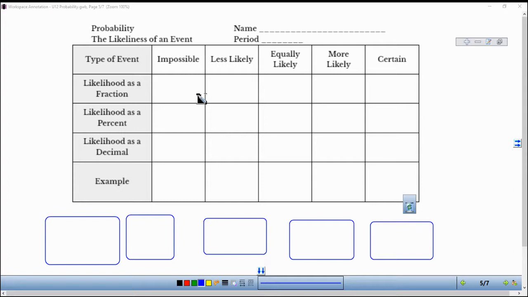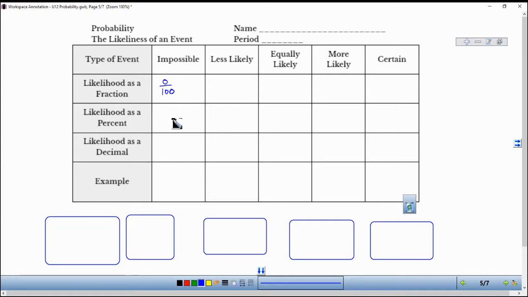So with these words, we're going to think about the fractions, percents, and decimals that we can use to help us show that particular type of event. If something's impossible, as a fraction, we might say 0 out of 100, or 0 out of anything, 0 out of 2, 0 out of 3.